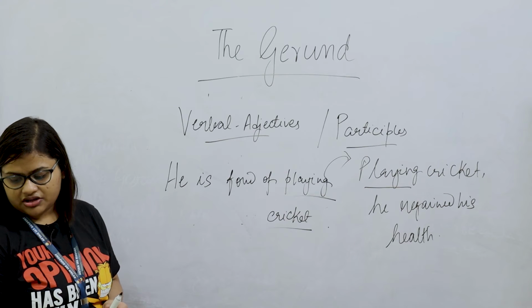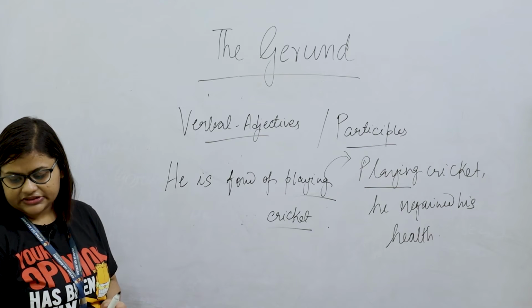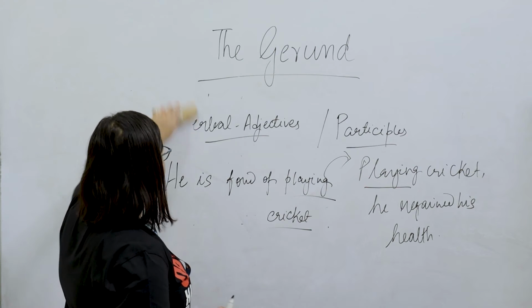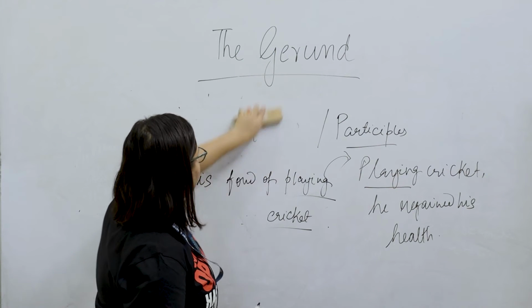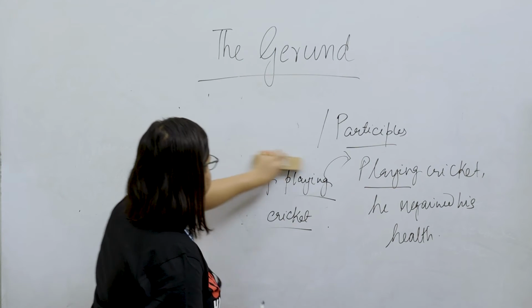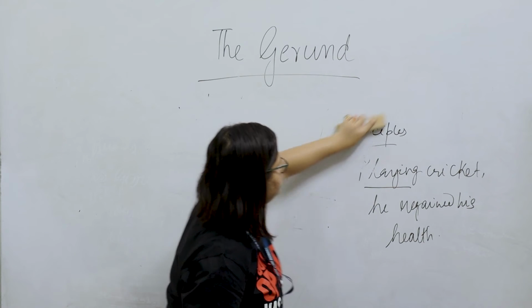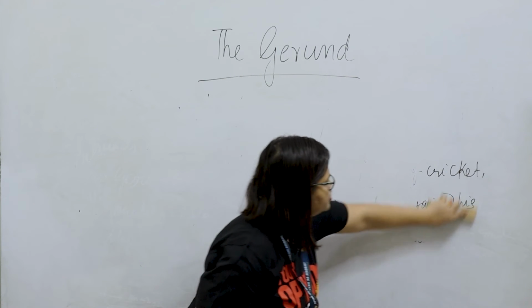In the next part, we can look into the confusion which happens while using the objective forms and the possessive form of pronouns along with the gerunds.